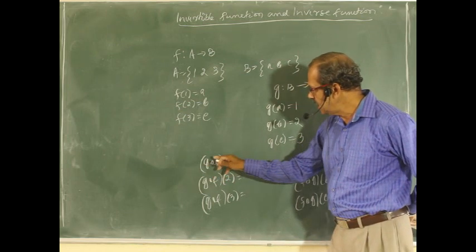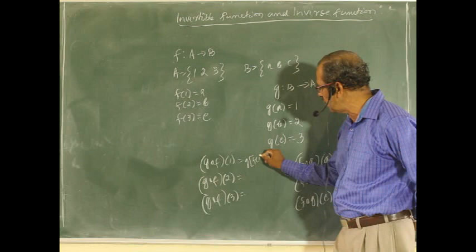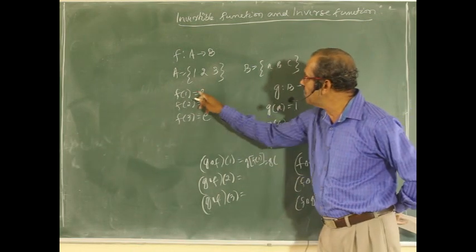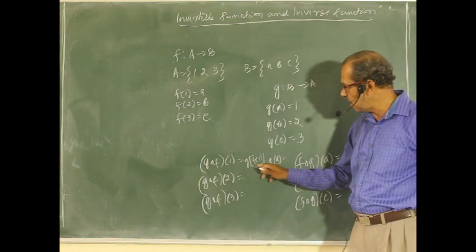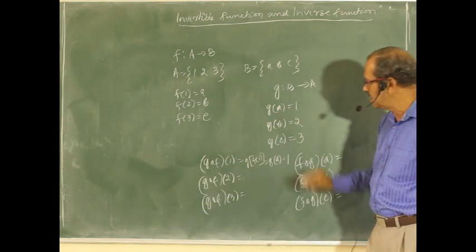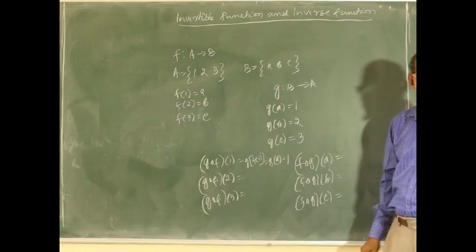This one is g of f of 1. G of f of 1 is a. So g of a is 1. That means g composite f of 1 is 1 itself.